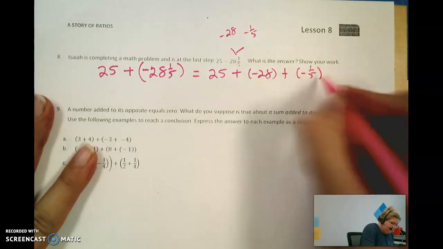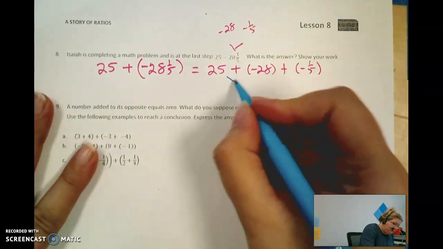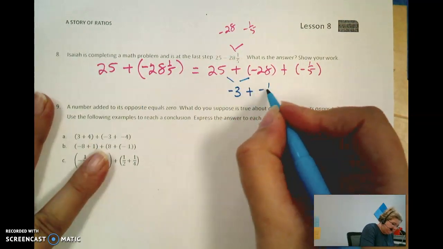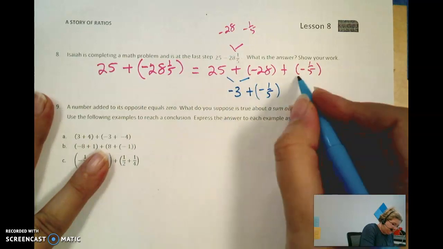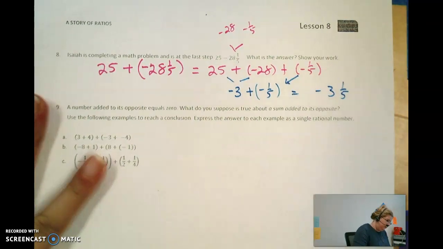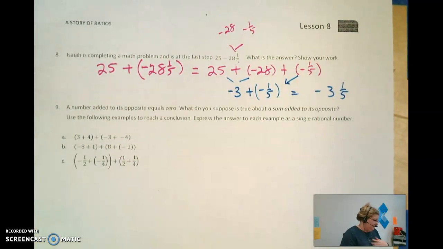And I'll show you why. Here I get negative 3 plus negative 1/5. Just brought that down. And it's negative 3 1/5. To me, that was a lot easier than trying to do it a different way. That's just the way that my mind works.